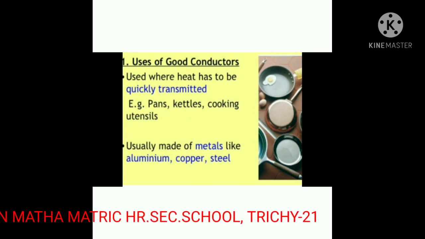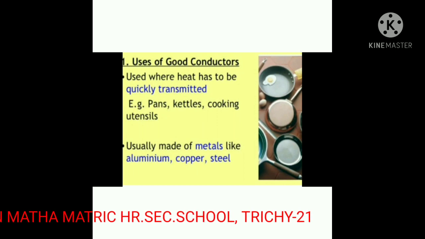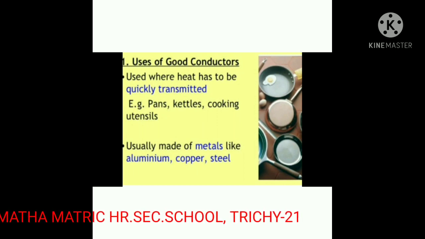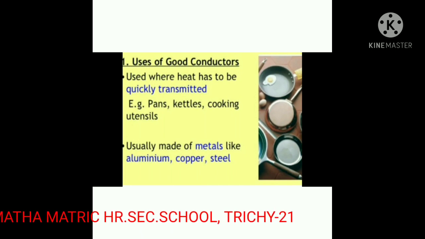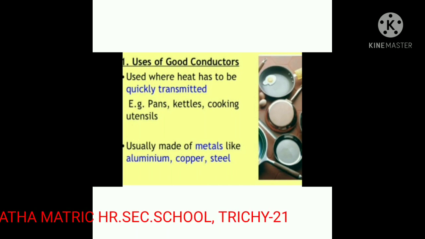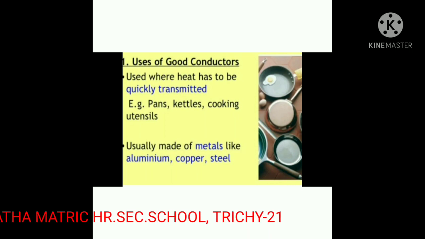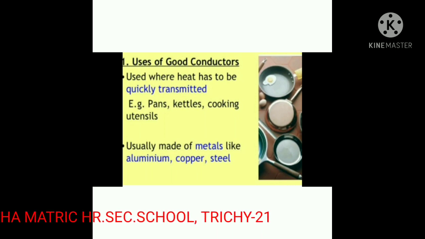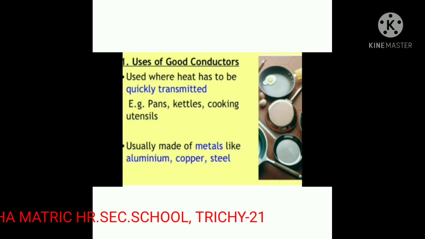All metals are good conductors of heat. The substances which do not conduct heat easily are called bad conductors. For example, wood, cork, cotton, wool, glass and rubber are bad conductors.